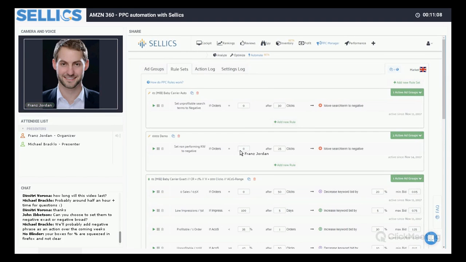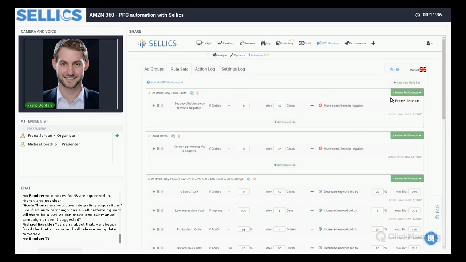So if orders equals 0 after 25 clicks, then we will automatically move the search term to negative. So you don't have anything to do. All you do is set up the rules, and then the software will automatically execute the rule and make sure that the action is taken care of. If we find a search term that matches those rules, we will move those search terms to negative exact.